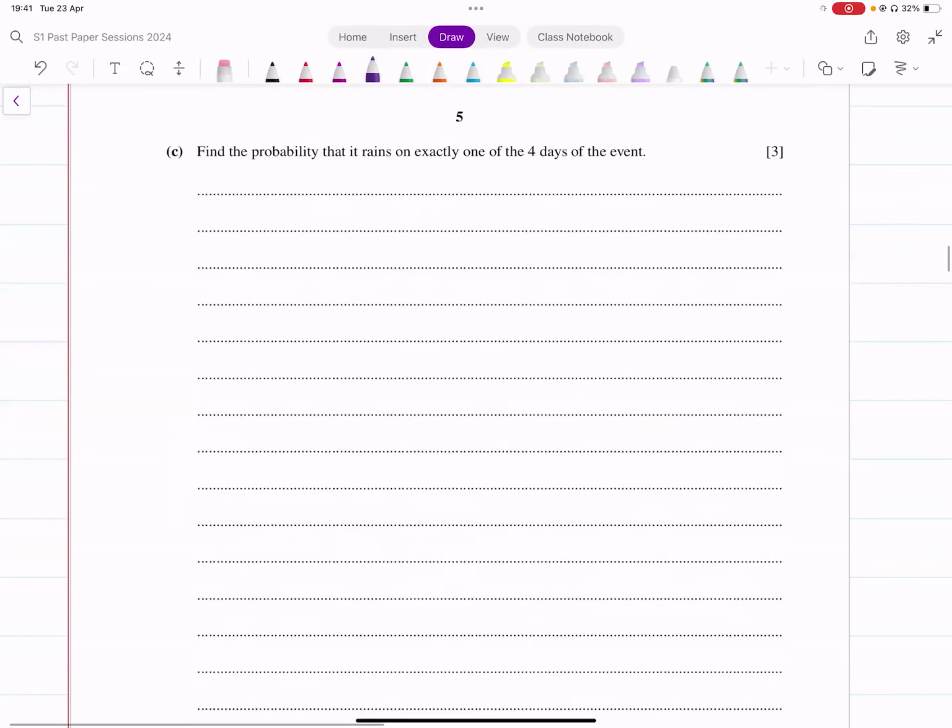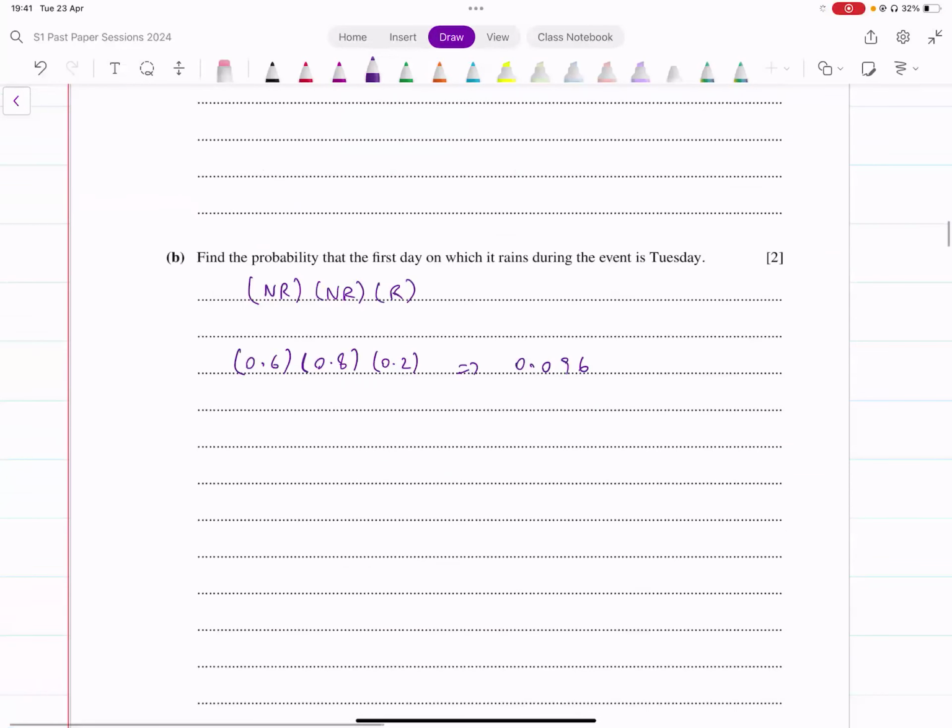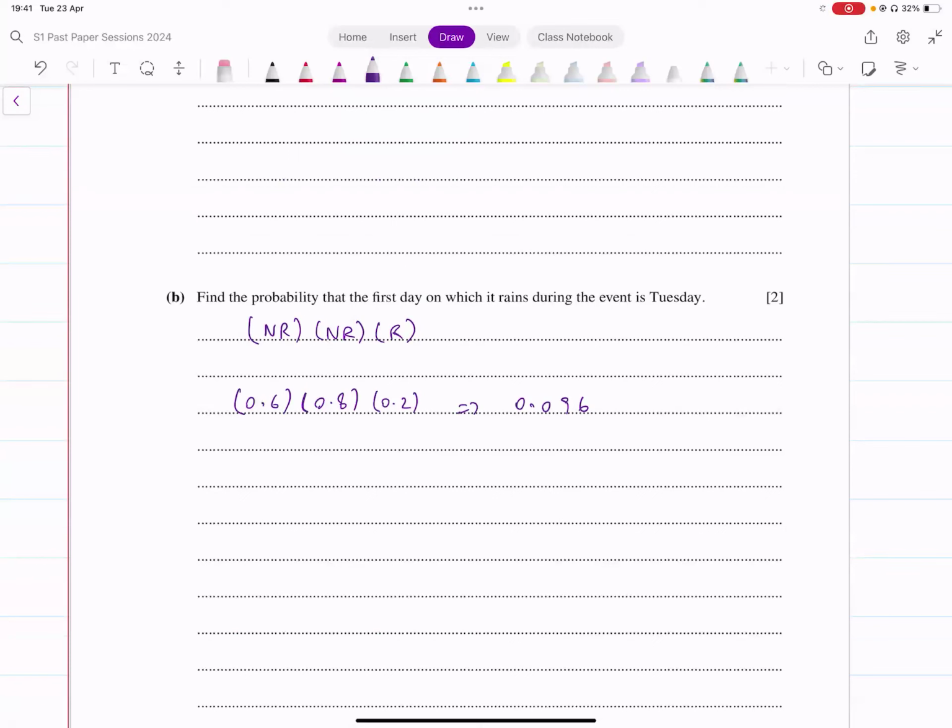Now it says, find the probability that it rains on, we don't care about the fourth day. They're saying, find the probability that the first day on which it rains during the event is Tuesday. It doesn't matter what happens after that, right? We don't care about them. Now, it is possible that it rains on Wednesday or it does not rain on Wednesday, but we don't care, right?